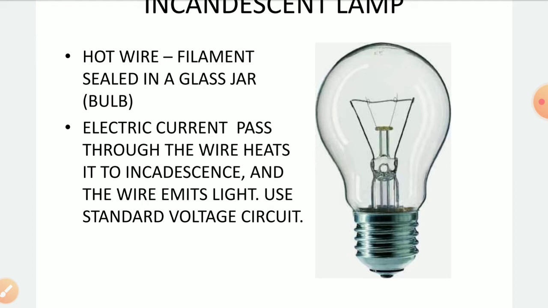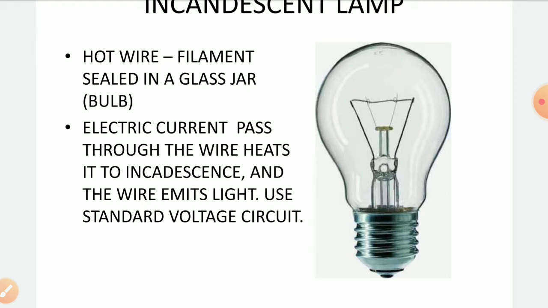Usually a tungsten filament is used in incandescent lamps. The glass is made of low grade glass. It's not any higher version of glass; low grade glass is used to make the outer layer of the bulb. The hot wire, also called the filament, is made of tungsten material.